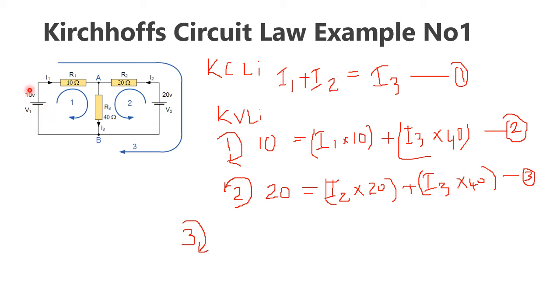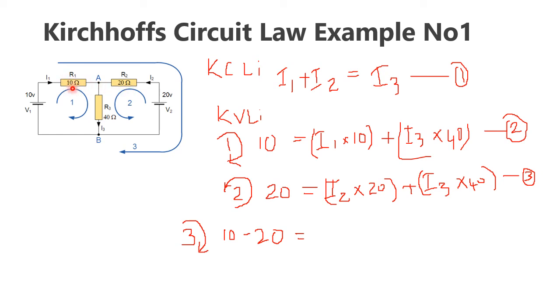Here the 10 volt source is connected in the same direction as my loop direction, so we take plus 10 volts. But the 20 volt source is connected in the opposite direction of my loop direction, so minus 20 volts. There are no other voltage sources, so that will be equal to the resistances connected here, R1 and R2 only.